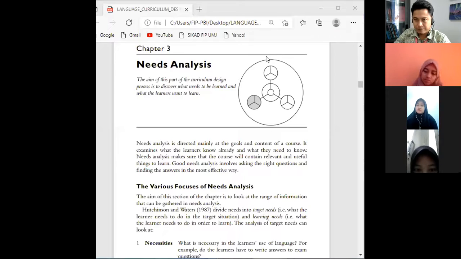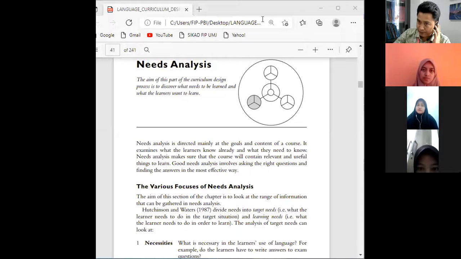Okay, now from the first book, Language Curriculum Design. Can you guys see the book? Hello, can you see it?